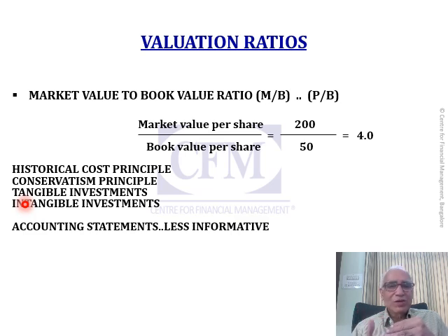As firms are becoming more and more intangible intensive, financial statements are losing their relevance, because financial statements are based on the historical cost principle, they are based on the conservatism principle, and they tend to reflect only tangible assets or investments of a firm. If a firm has very valuable intangible assets such as brand equity, managerial talent, technological know-how, organizational culture, that is not reflected in accounting statements. That is why market to book ratio of firms like Asian Paints, Hindustan Unilever, Infosys, TCS is very high.